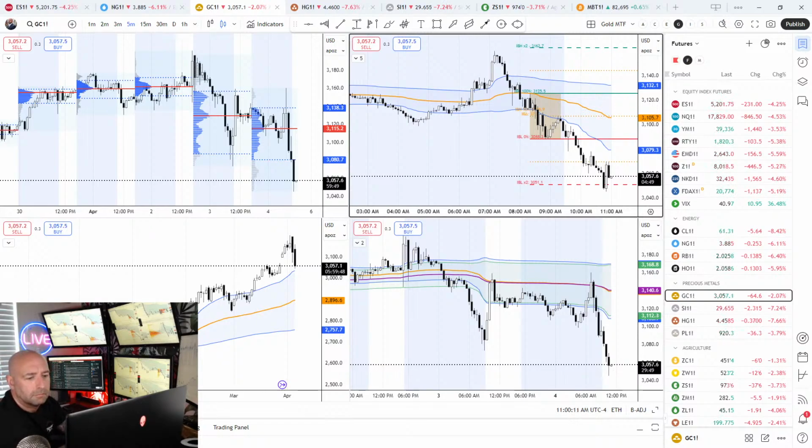Order filled. So we're at this lower distribution now in gold, which is interesting. It's kind of like it's right where we're at.